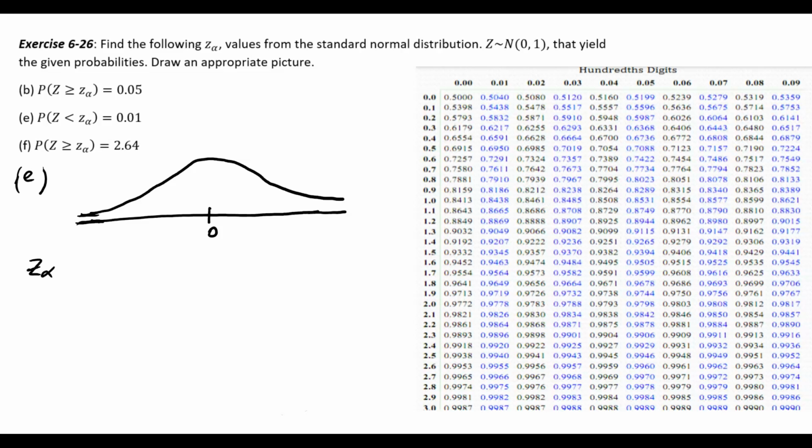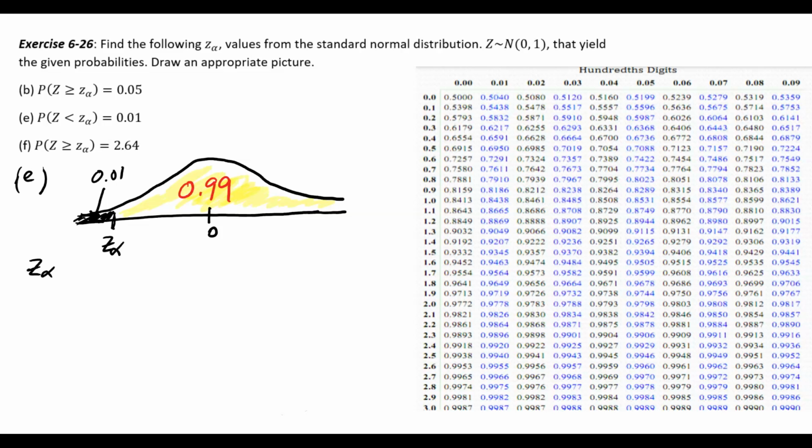So if we're looking at the probability that z is less than z sub alpha, I know that that score is going to be on the left tail. That probability is going to be 0.01. But just like the other problem, I know that if that probability is 0.01, the probability of everything to the right is going to be 0.99. Again, because the probability under the curve has to total 1.